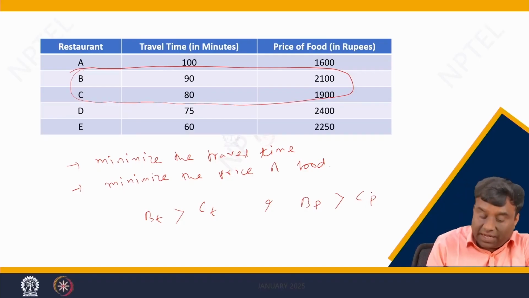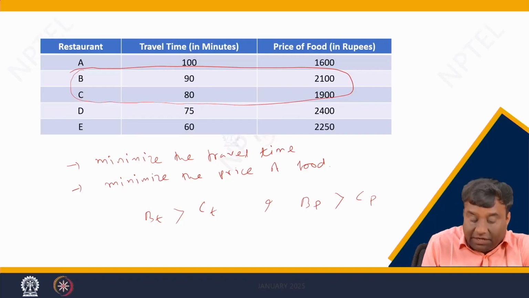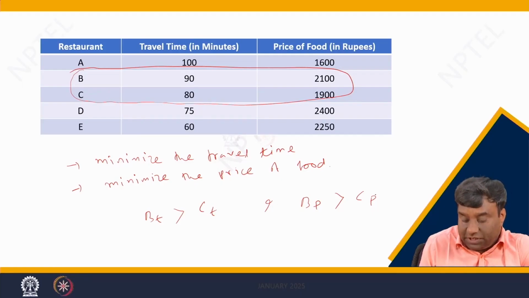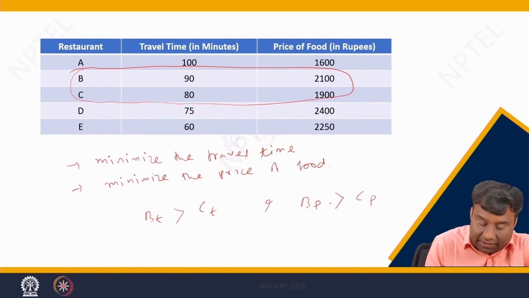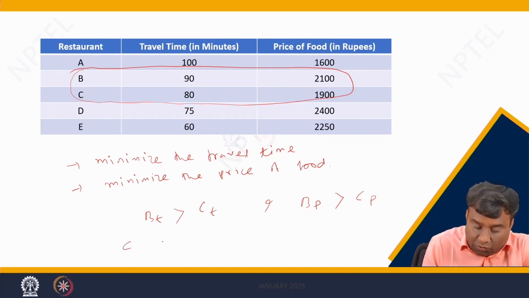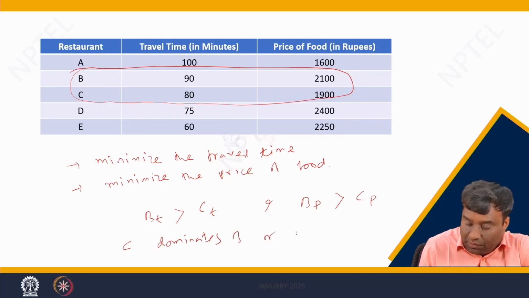In other words, the travel time for C is less than the travel time of B, and the cost of C is less than the cost of B. So we can say here C dominates B, or B is dominated by C.